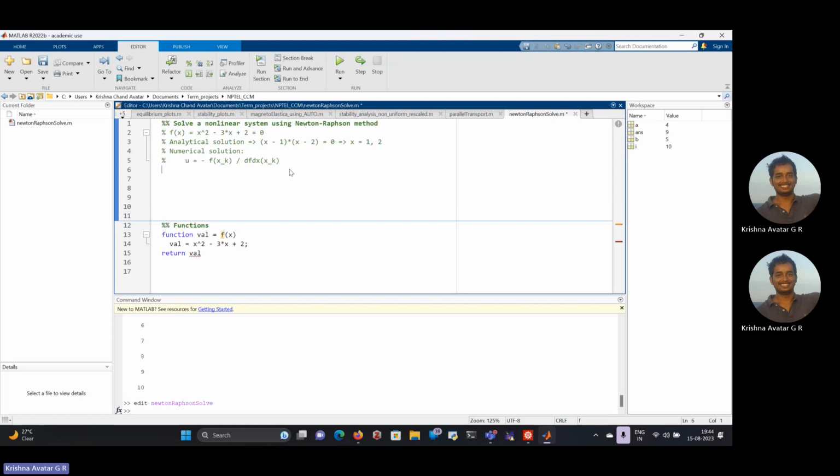This is what we are doing, and then the increment will be x of k plus 1 is equal to x of k plus u. This is what we are doing, right? So in that case, you require the derivative of f at x as well as the value of the function itself.